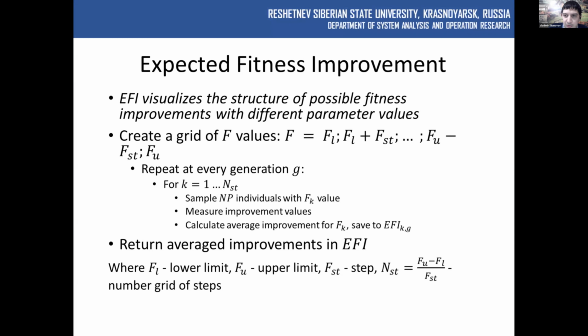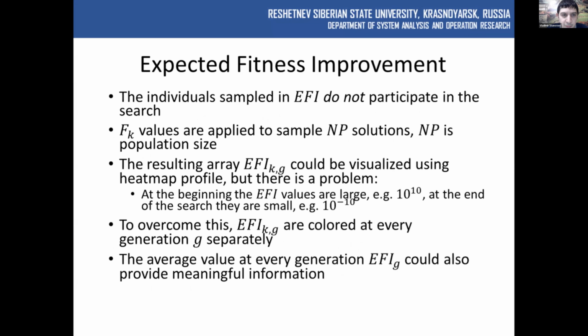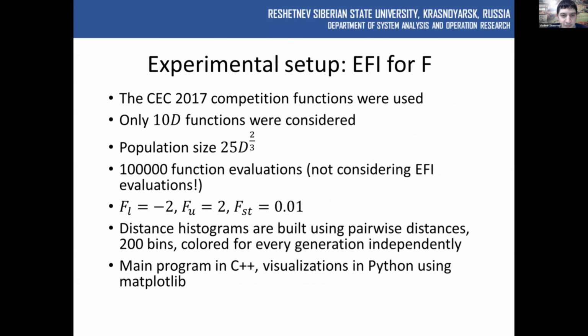We just create a grid of F values, and at every generation, we sample a lot of solutions and just see which F values give us improvements. So this is the key concept. We can use it for F, for CR, for other parameters if we have them, and then we can build some heat map profiles.